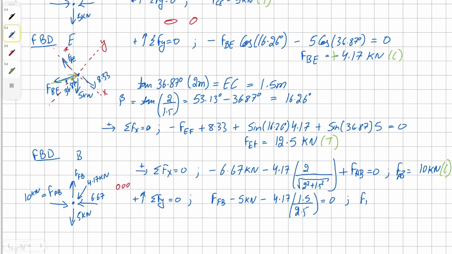Solving for force FB, we get our solution as positive 7.5 kilonewton. And this member is in tension because our vector is pointing outwards from the pin connection.